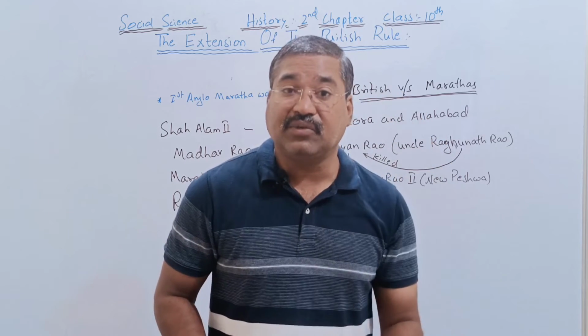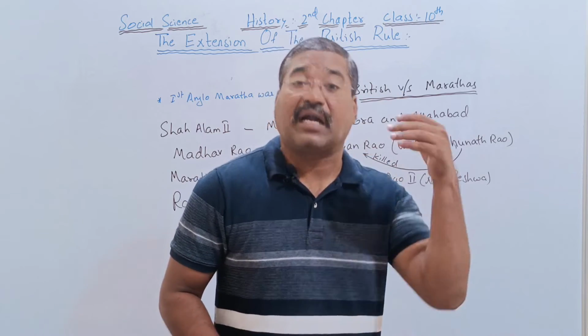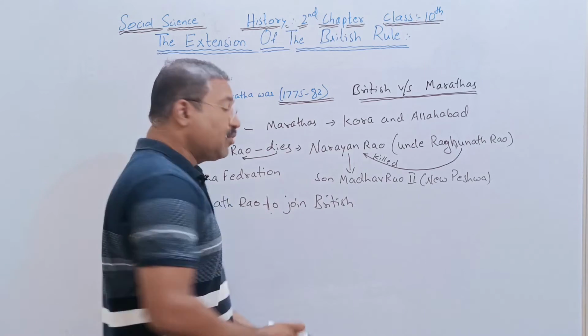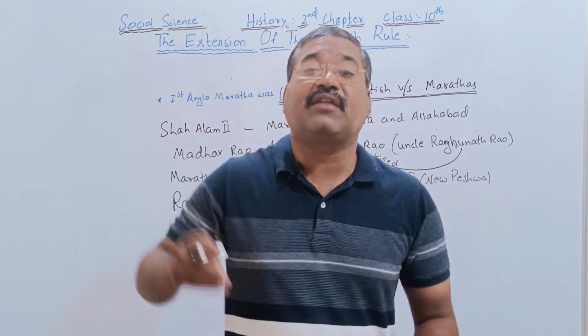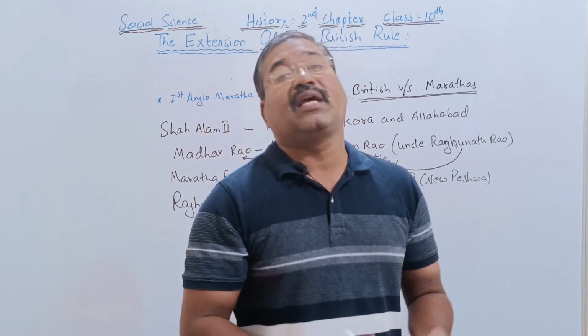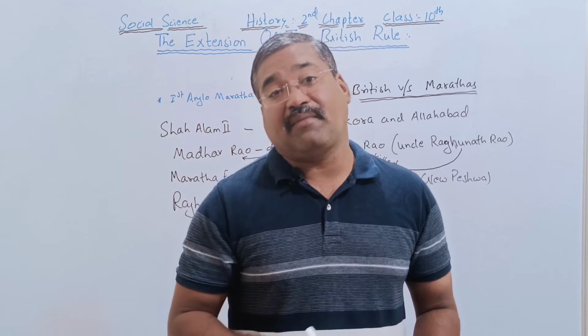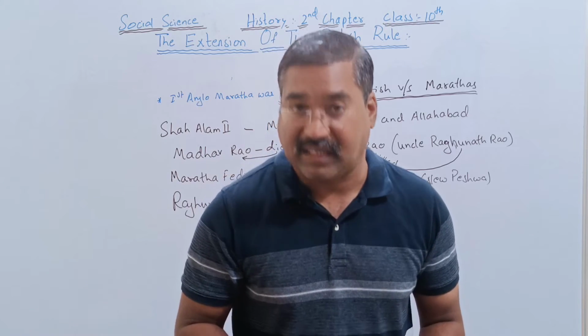He was ready to betray the Marathas themselves, and he joined hands with the British. And the British, who were always ready to interfere with the native rulers, got a good opportunity to interfere in the internal matter of the Marathas.